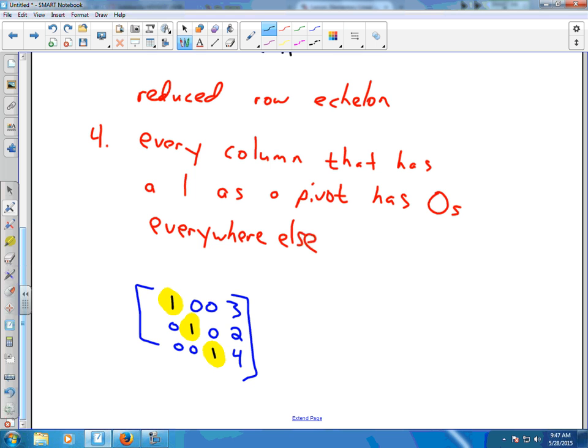Now notice the beauty of reduced row echelon. If we look here, if that's an augmented matrix, that top equation you have 1x1, no x2's, no x3's equals 3. That middle equation you have no x1's, 1x2, no x3's equals 2. The bottom equation, no x1's, no x2's, 1x3 equals 4.